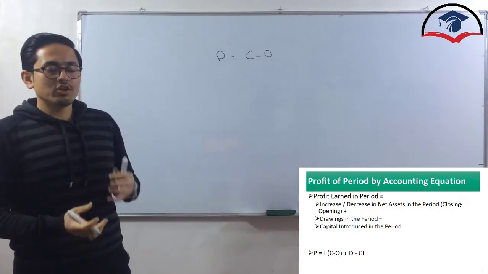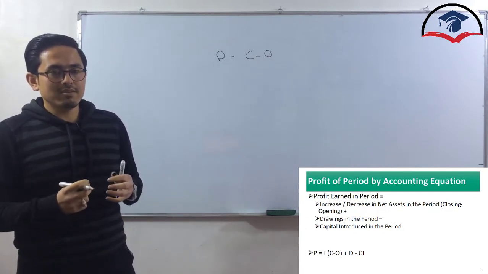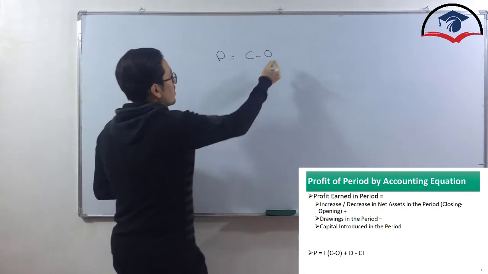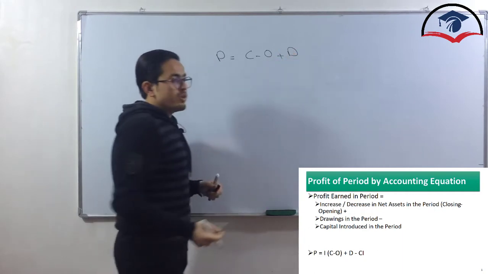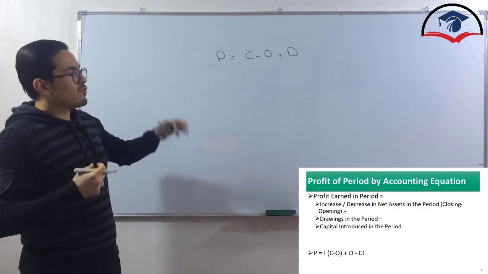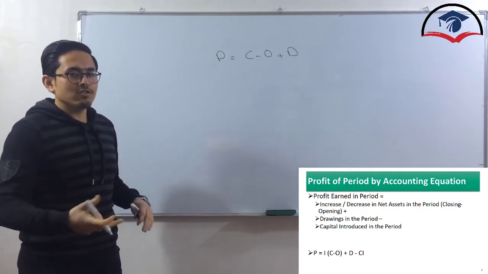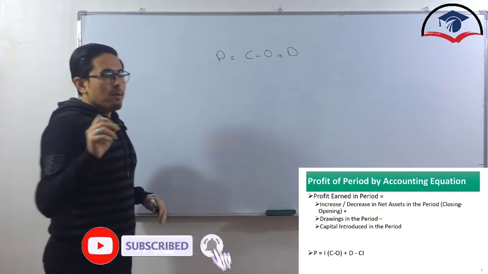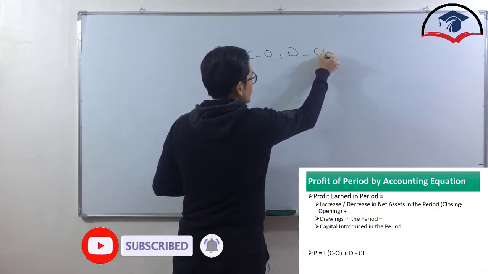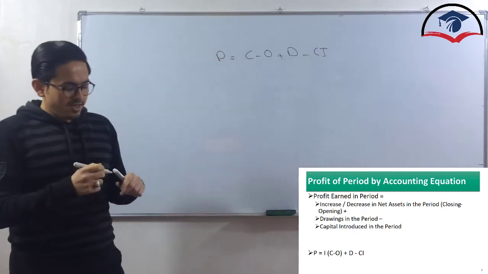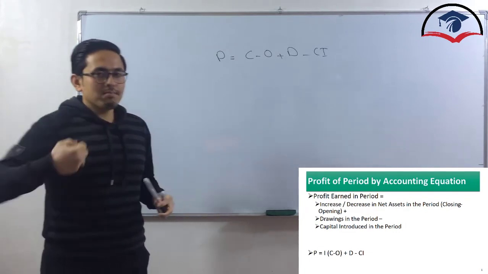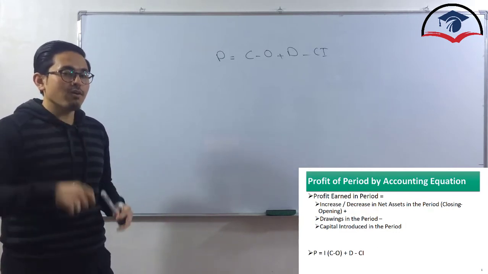This will show us the change in capital of the business, meaning the increase and decrease which come during the year, plus the drawings or withdrawal, which is withdrawn by the owner from the business. That should be added back to find out the net changes or the profit of the company, minus capital introduced, CI. Capital introduced is what the investor brought to the business; we will deduct it back to find out exactly the profit of the company.